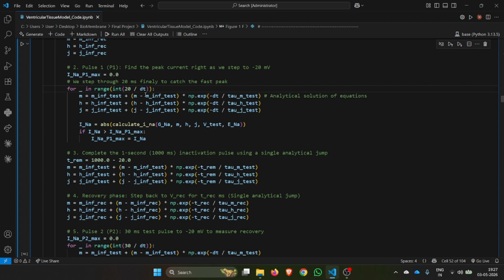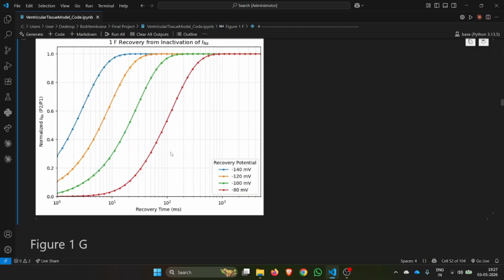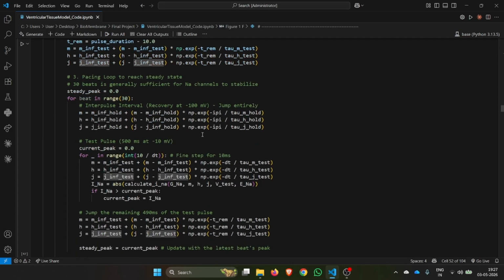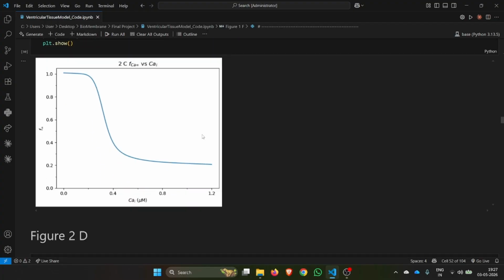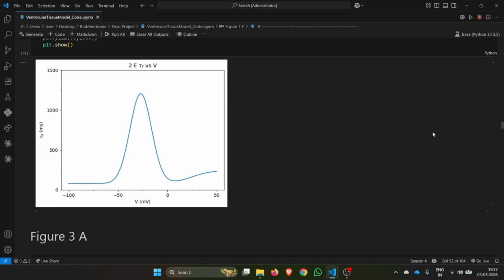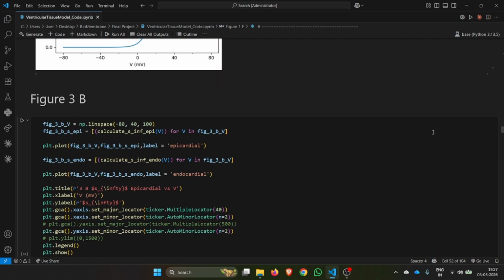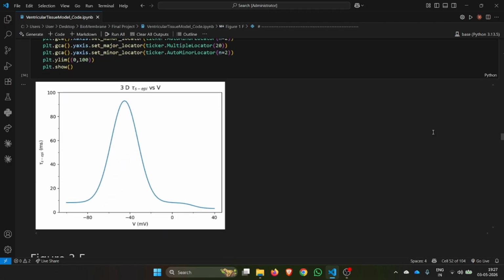For some of the equations an analytical solution is available, which is some constant times an exponential in t. These analytical solutions are used to get the current versus recovery time plots, and these are again some parameter variations with voltage. It takes around 15-20 minutes to run, so I can't show every step as a live demonstration, but these are the results.